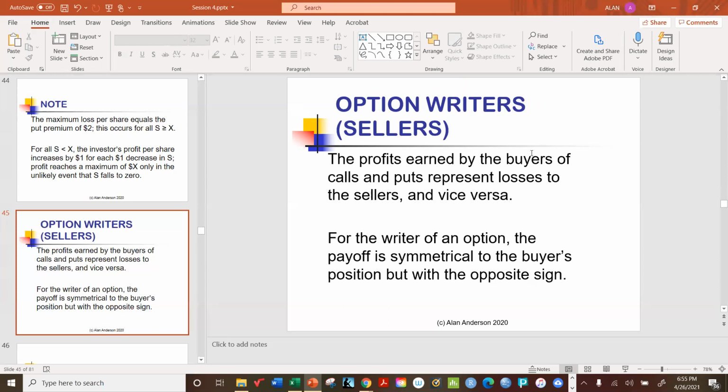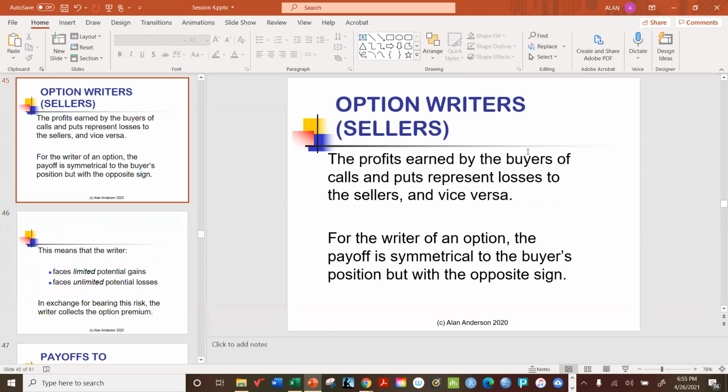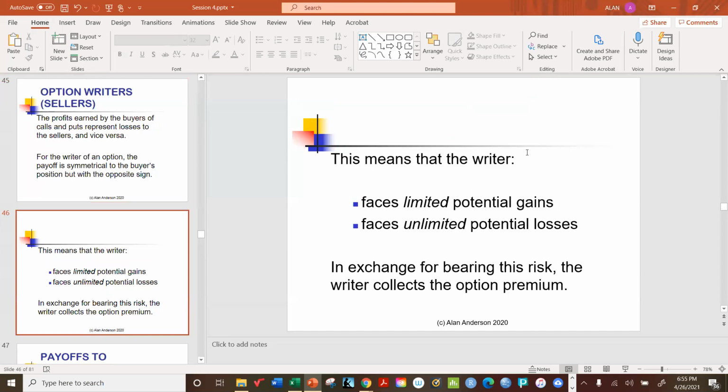So anyway, the writer, being in the opposite position from the buyer, has limited potential gains and unlimited potential losses. They do get to collect a premium, but this wouldn't work well, except for one thing.